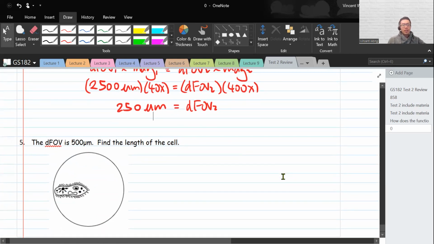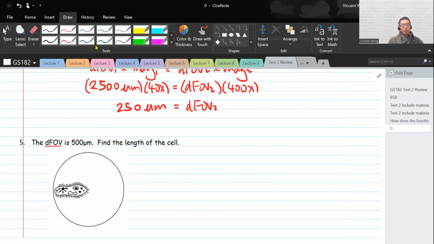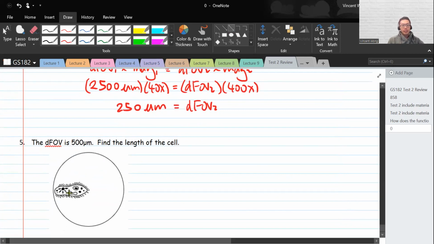Next question. The DFOV is 500 micrometer. That means from here to here is 500 micrometer. Find the length of the cell. So how long is this cell? If you eyeball it, you can see that you can fit two of these cells across the center, right?